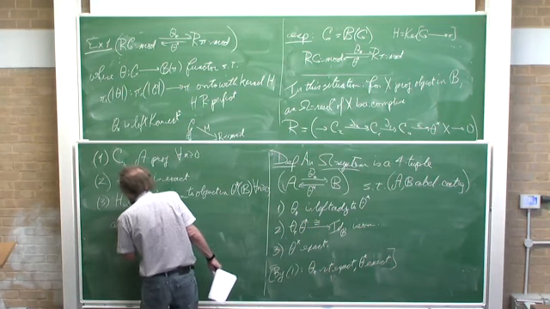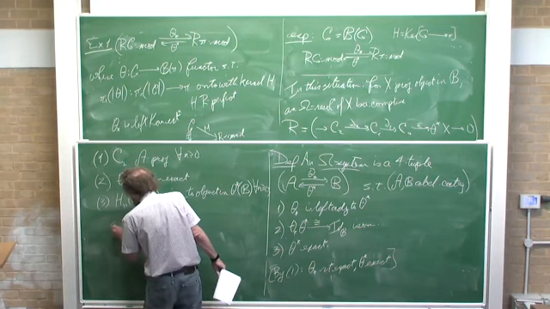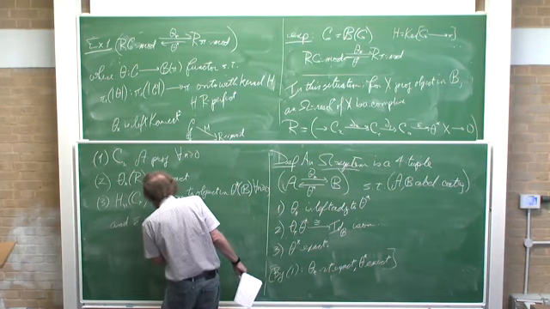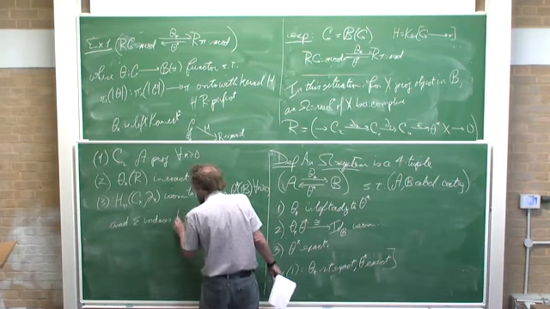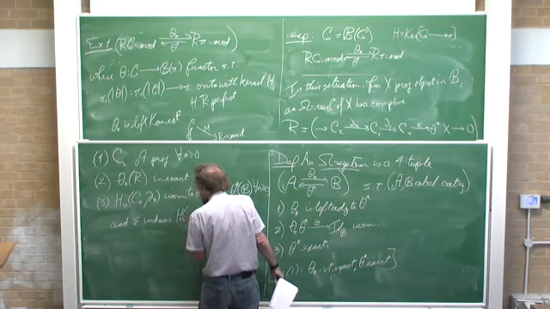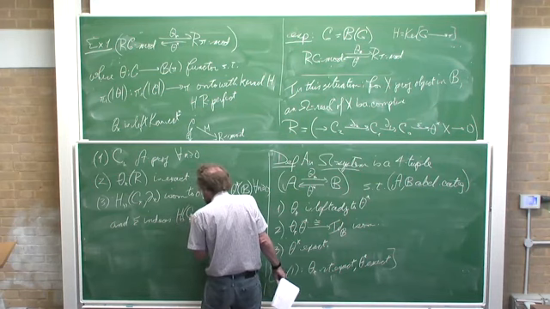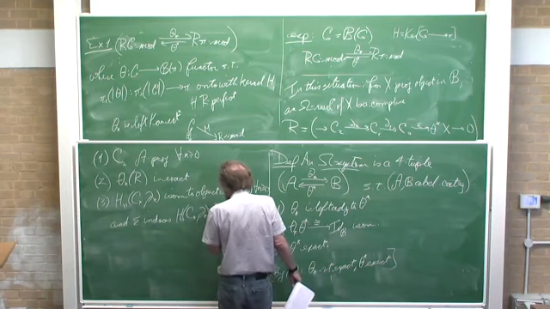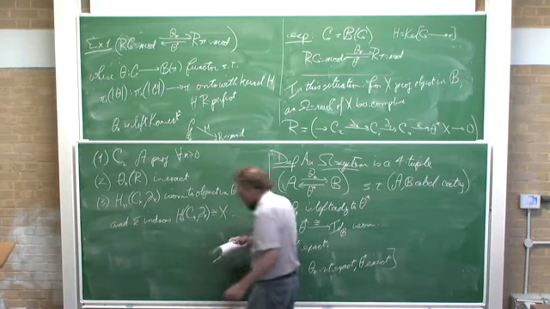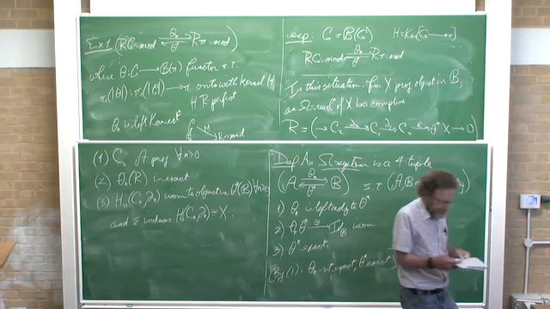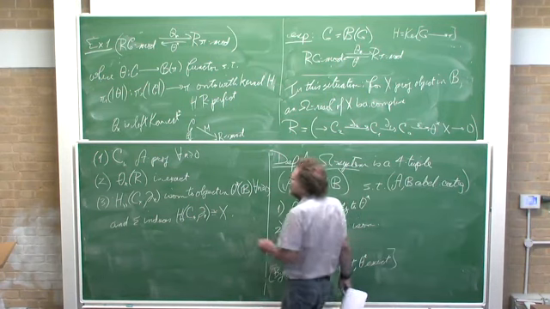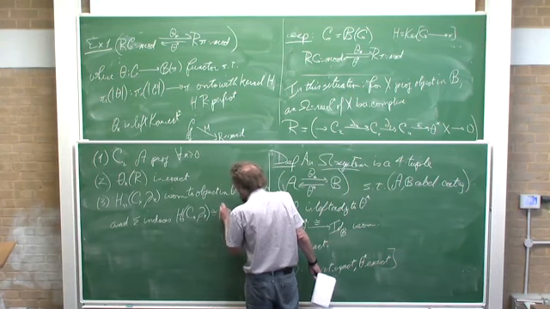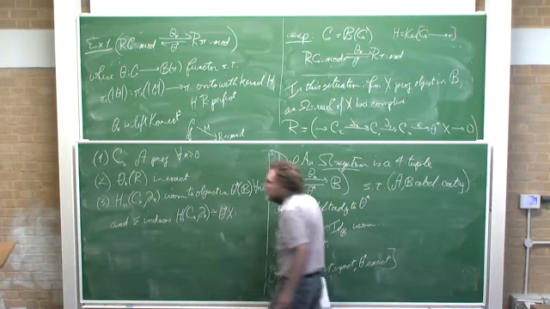And epsilon induces an isomorphism between H0 and X itself, or rather theta upper star of X. Okay.